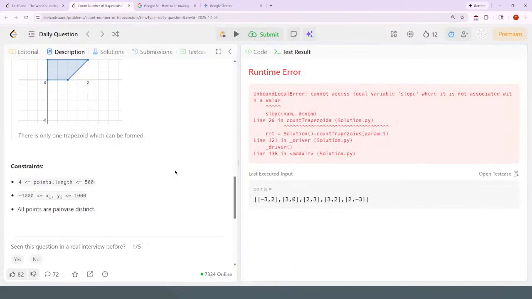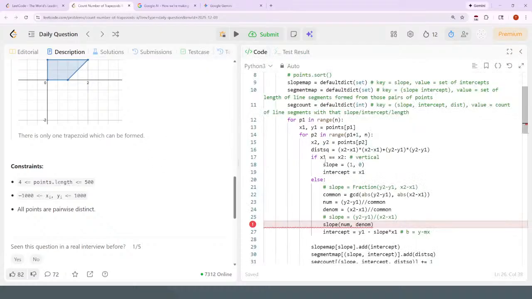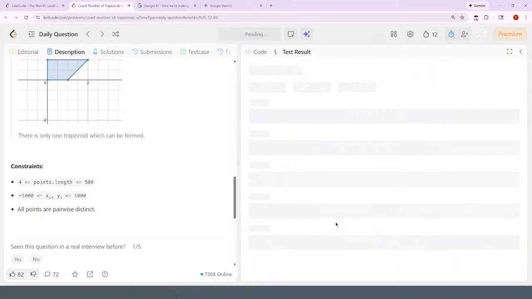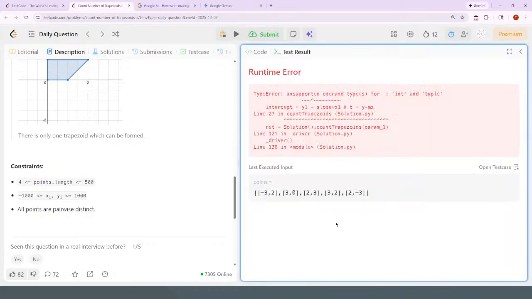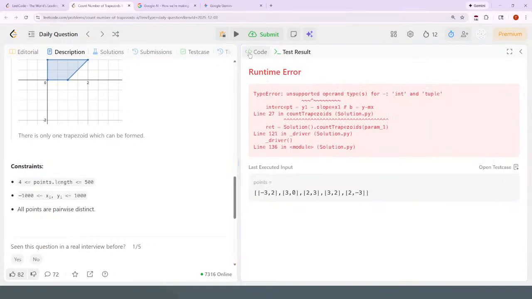Slope is now associated to a value. Oops. Equals intercept.